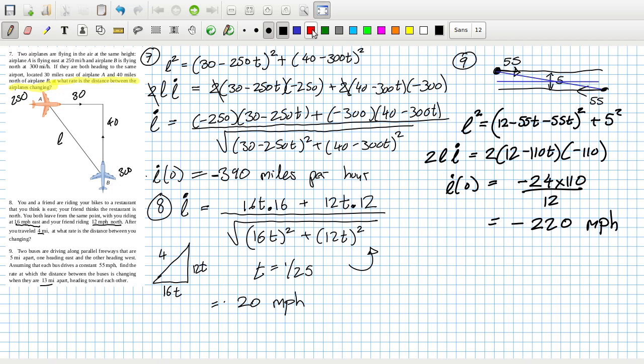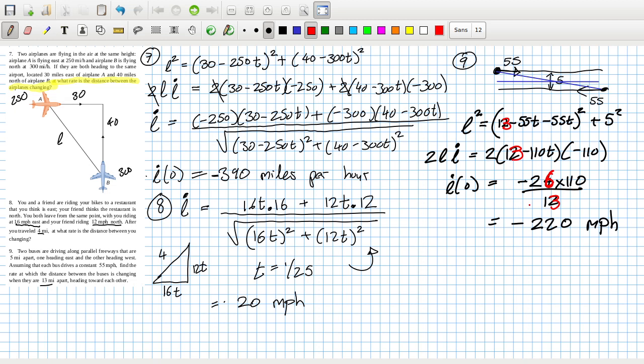So if the diagonal wasn't 13, if it was the horizontal, that's 13, so that 12 would become a 13, and that would become 13, and that would become 26, and that would be 13. Oh, it's still the same.